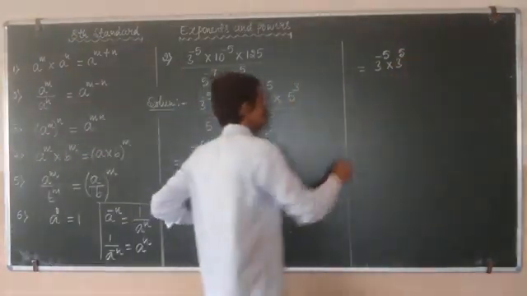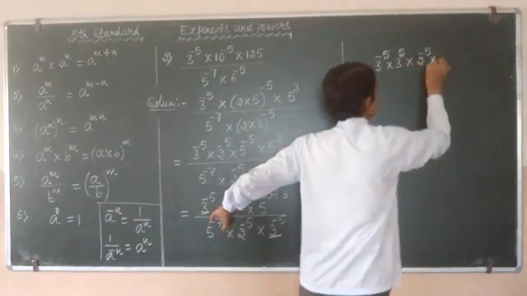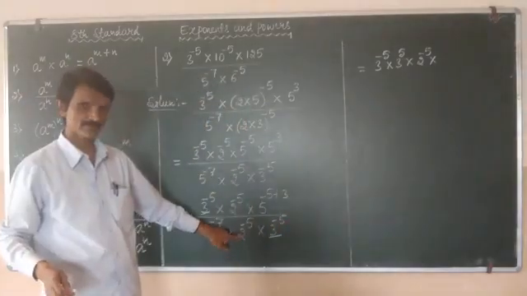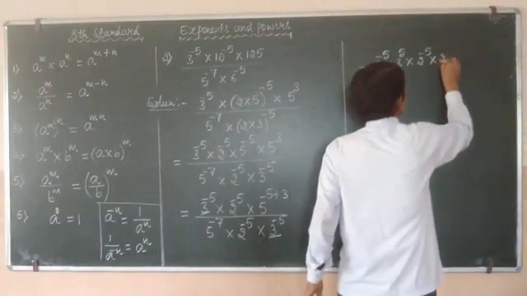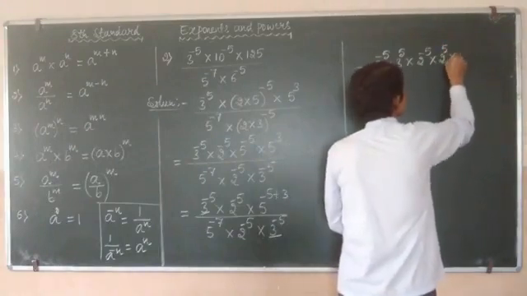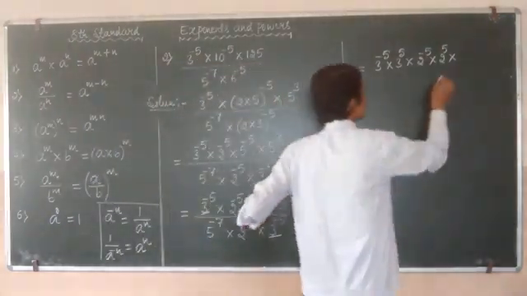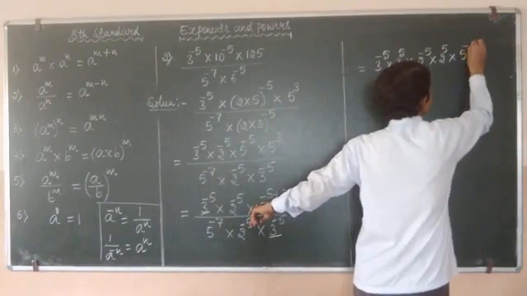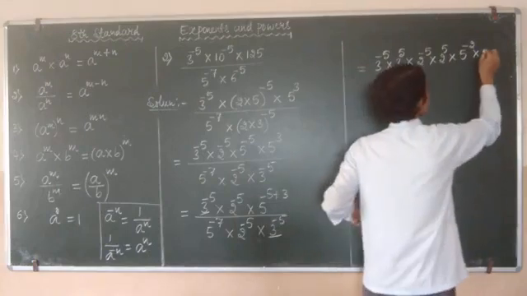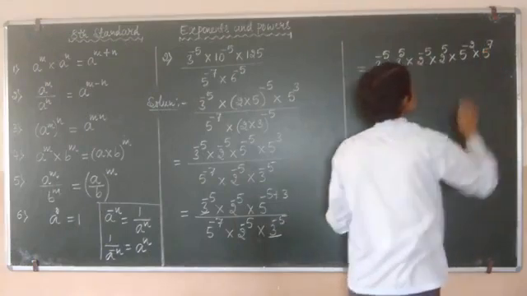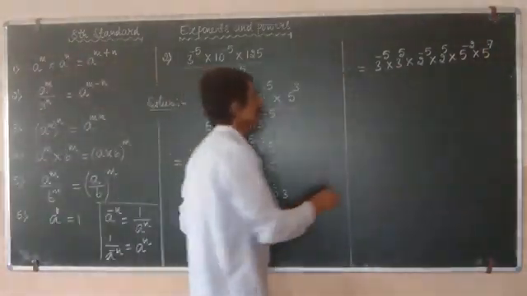Similarly, 2 to the power of minus 5, if you take it to the numerator, it will be positive, 2 to the power of 5, into 5 to the power of minus 2 into 5 to the power of 7. So all are taken to the numerator.